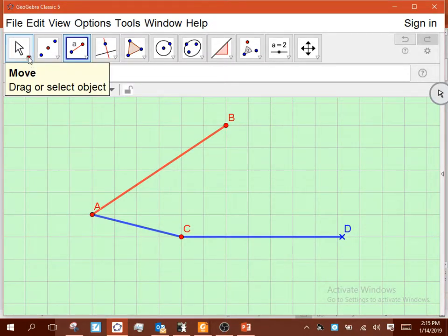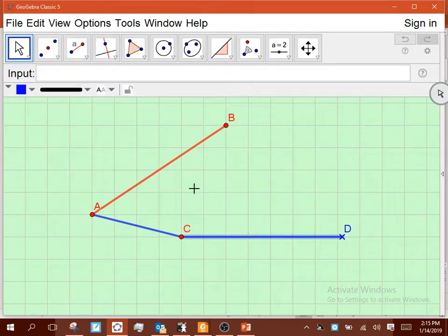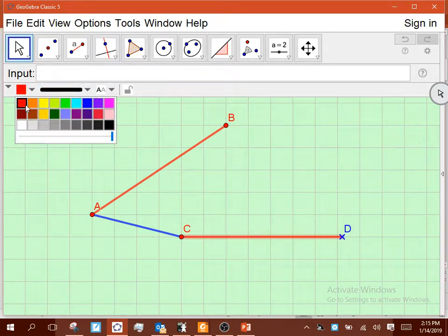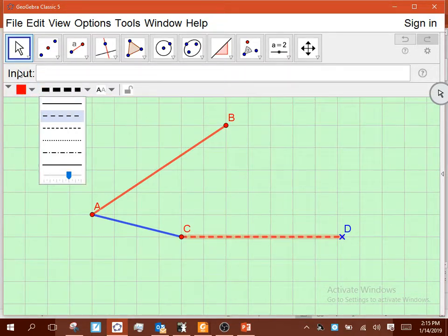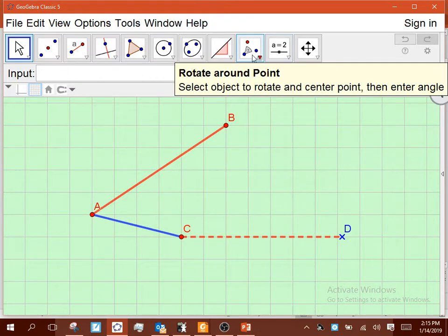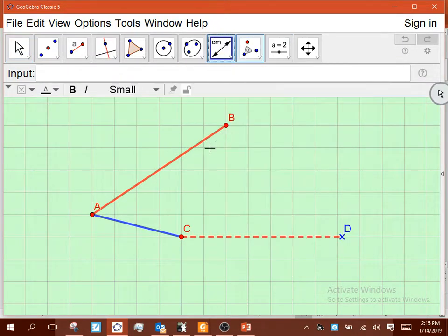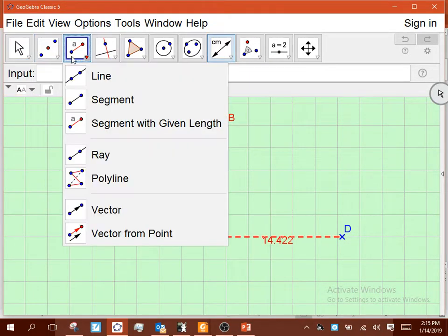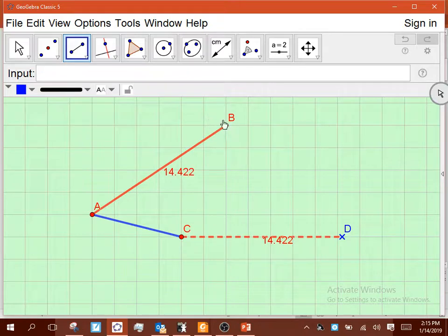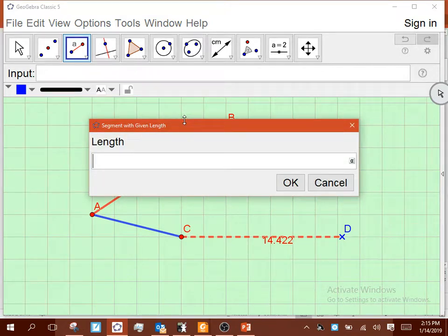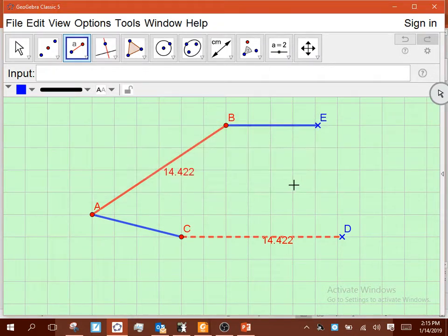All right, so that one there is the one that is opposite AB, right? If I look at the distance of these two things, that distance and that distance, they're the same, correct? Now I want to do the same thing over here at B, but I want to make that length AC.